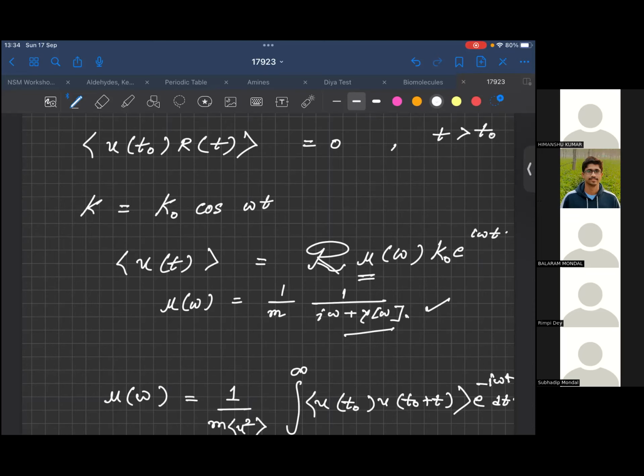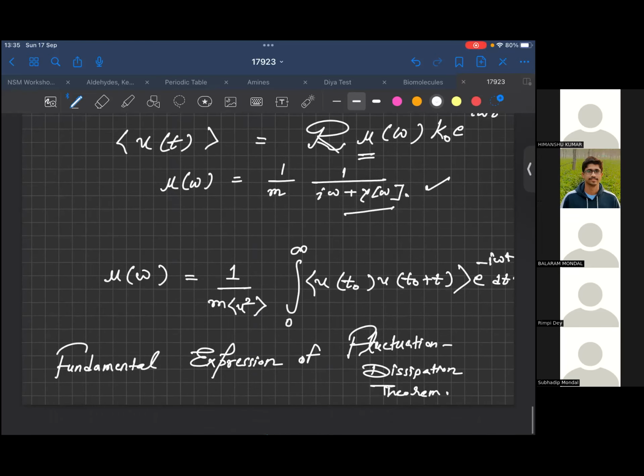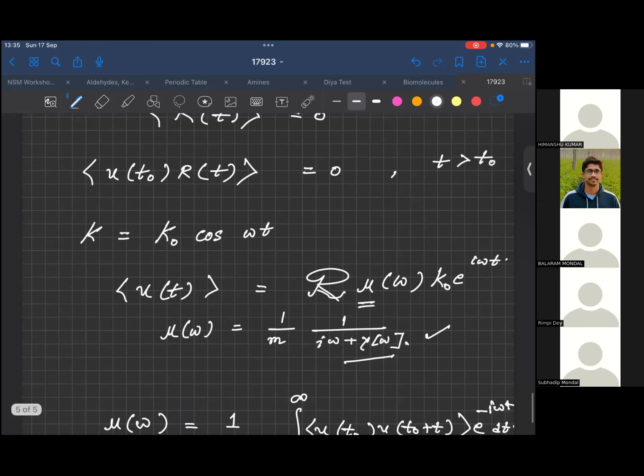But where did this random correlation go? I think there is no specific one; this is the only assumption you made here, that the average of the random part should be 0. Yes, the average of the random force is 0, and the correlation of the random force with velocity at the initial time is also 0.